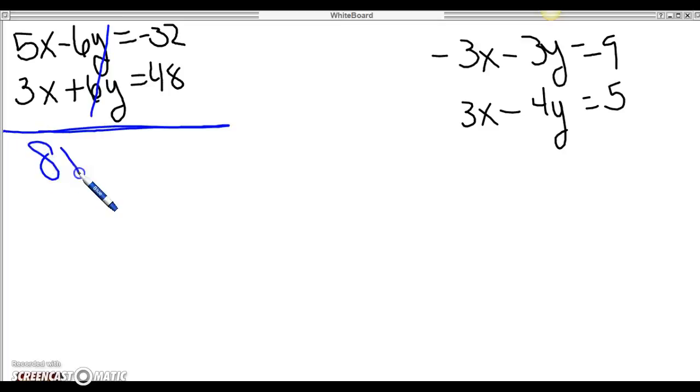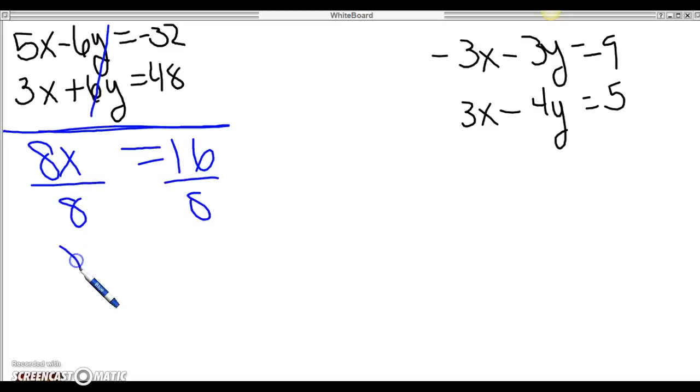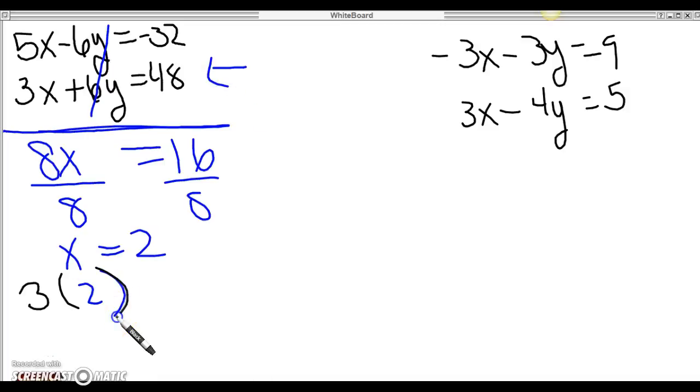So I get 8x equals 32 minus negative 32 plus 48. I said minus because I'm really subtracting, which gives me 16. So I divide both sides by 8, and I get x equals 2. Now it doesn't matter which one I choose, I'm going to plug it back into one of the first equations. I chose this second one, by the way: 3 times 2 plus 6y equals 48.